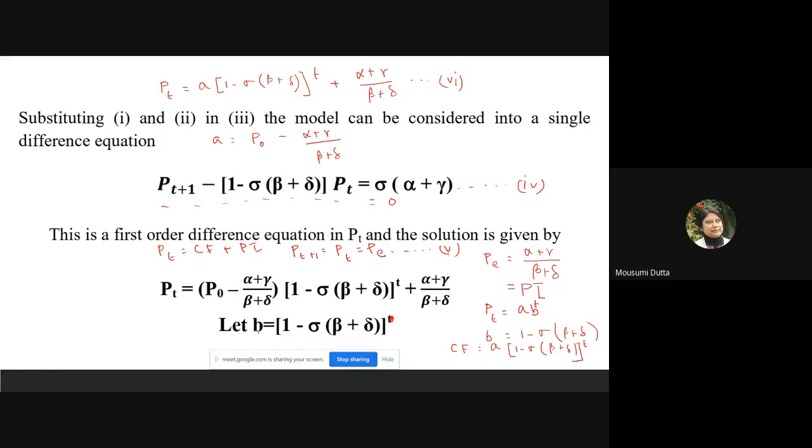So this is the final form of the time path. Please check whether you are getting this or not. Once you get this, call it equation number 7. Hence finally the time path of price is given by equation number 7.